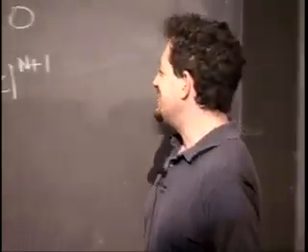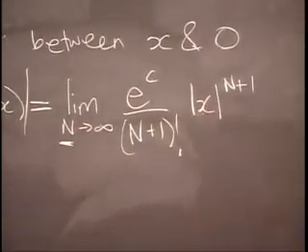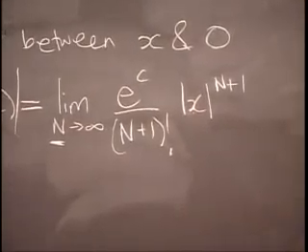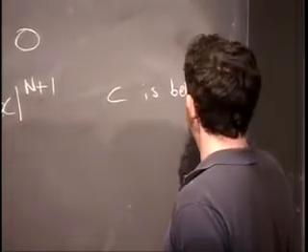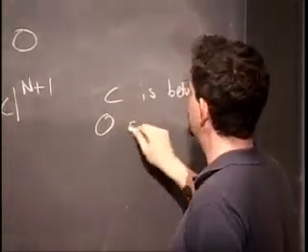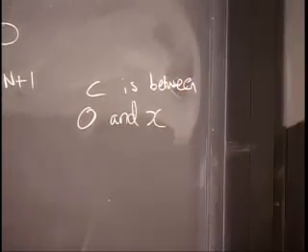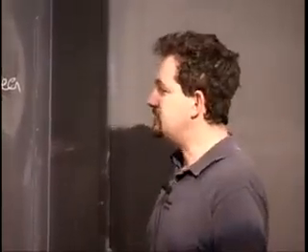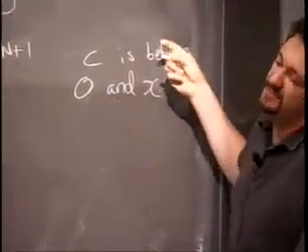Okay? So here's a question. How big could e to the c possibly be? c is between 0 and x. So how big could it be? Well, it could be as big as e to the x if x is, say, 2.